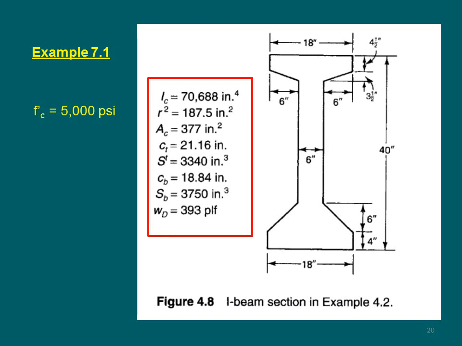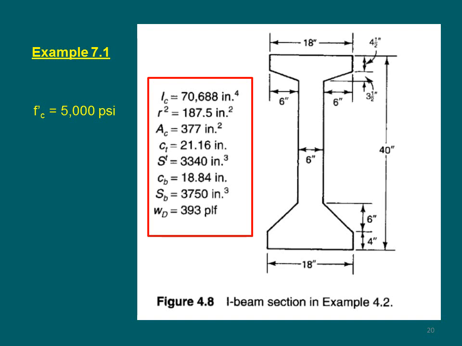We have one example here, example 7.1. I have a given I-beam for a bridge. Concrete strength is given as 5,000 psi. I have all the properties of this concrete beam, such as the depth, the width of the top flange and bottom flange. It looks like kind of an I section. I have the moment of inertia given in the table.